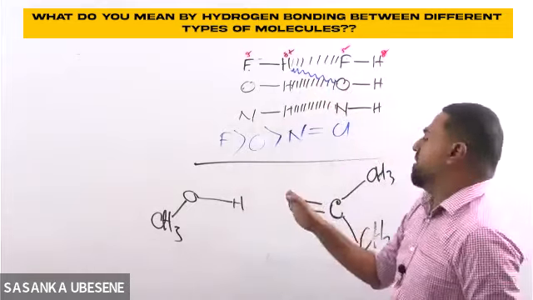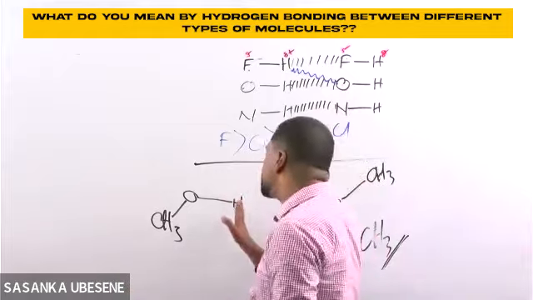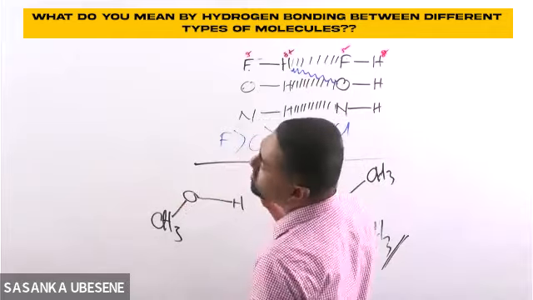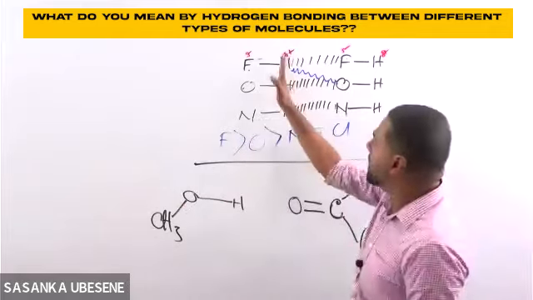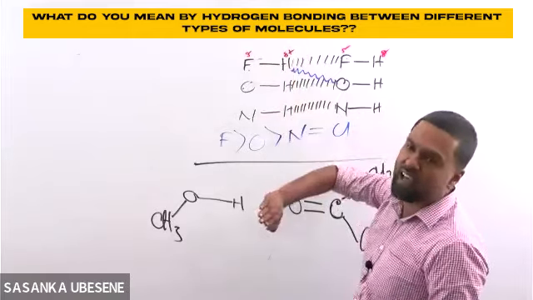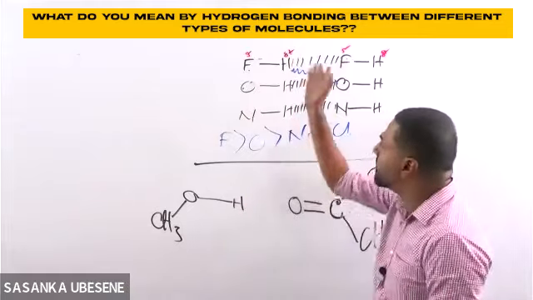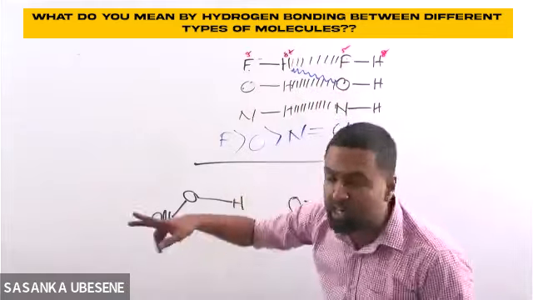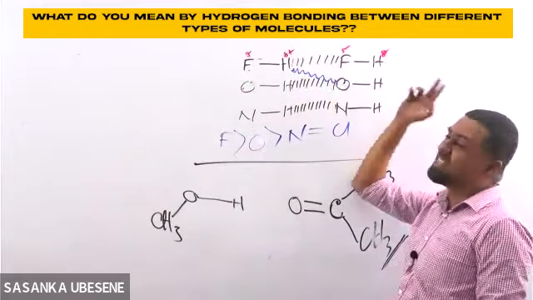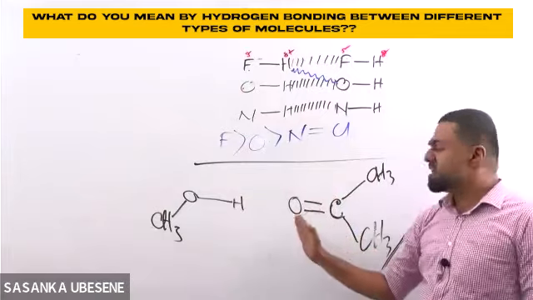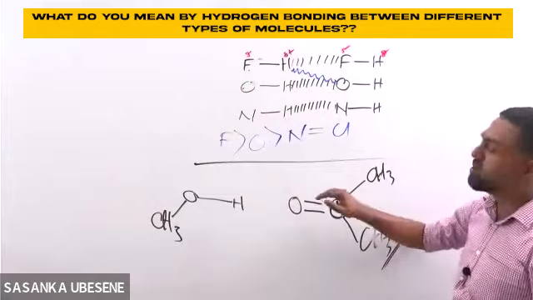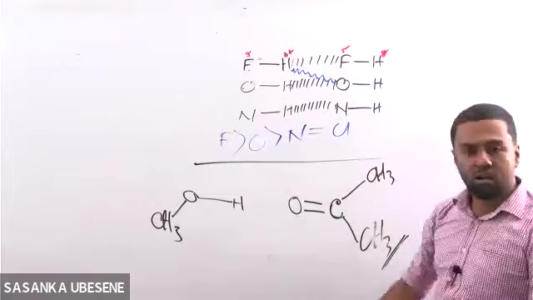So here also hydrogen is the receptor and it is attached with one of the most electronegative atoms, oxygen. So the receptor is attached with one of the most electronegative atoms. Here the donor is attached with hydrogen, but there the donor is not attached with hydrogen, it is attached with another atom, carbon.